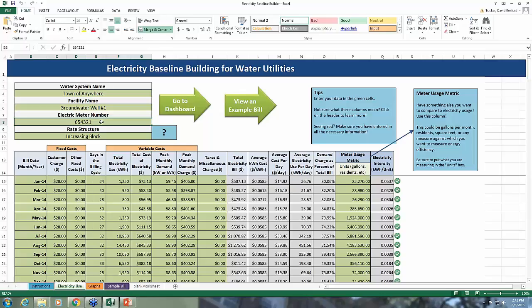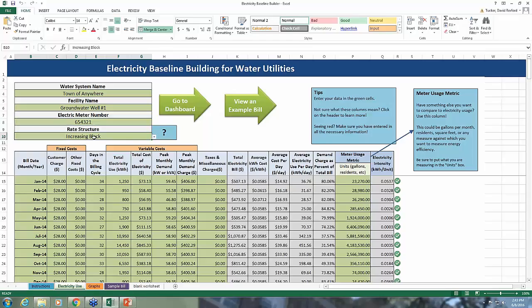If you've got a bunch of electric meters, then you're going to want to make multiple copies of this workbook and input things into them separately, and then you can look at them side by side when you're finding out where your higher cost versus your lower cost source water is in terms of the electrical cost for pumping and so on.